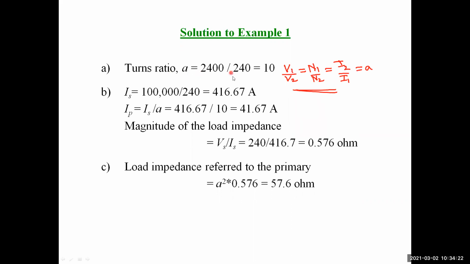Based on what is available, we get the turns ratio. If the primary voltage and secondary voltage of the transformer are available, we can use them to find the turns ratio.